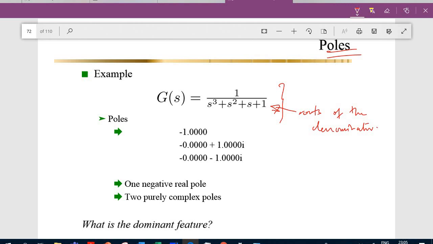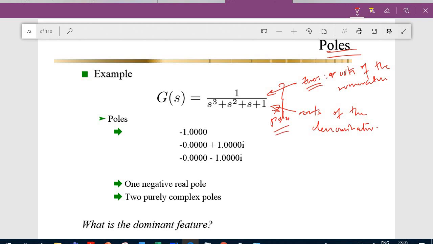What about the zeros? The zeros, this is the first time I mention here zeros. So the zeros are the roots of the numerator. Okay, so I have poles and zeros. These are the two terminologies that you have here, poles and zeros.